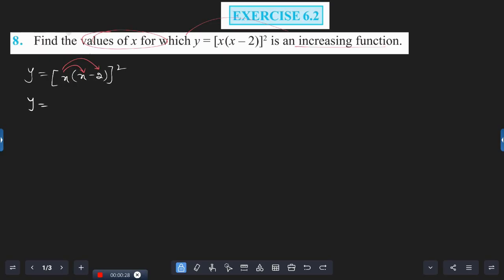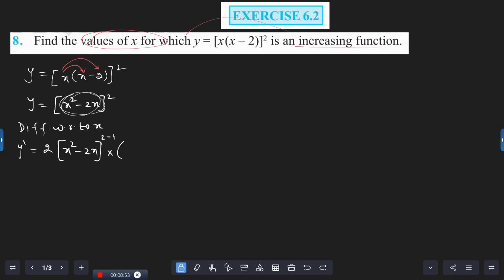See, y equal to x, when you multiply x into x, it is x square, x into 2 is 2x, the whole square. Now we have to differentiate this with respect to x on both sides. So y dash is equal to, when I differentiate the power, the power will come down: x square minus 2x whole power 2 minus 1, multiplied by the derivative of the inside. The derivative of x square is 2x, minus 2 into the derivative of x, which is 1.